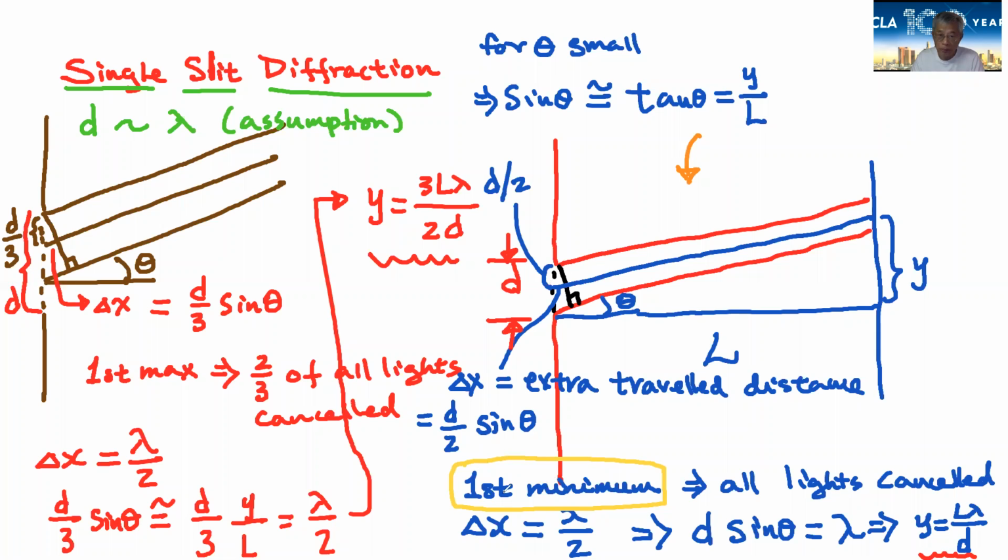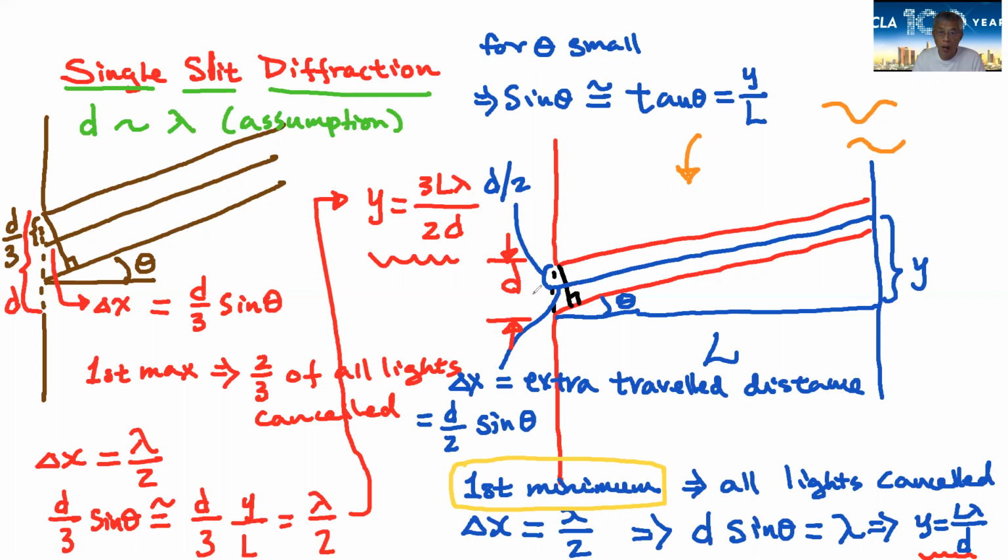So when does the first minimum occur? It's when this actual travel distance is equal to lambda divided by 2, which just means 180 degrees out of phase. When they're out of phase, this one will cancel this one, and the next one will cancel the next one.